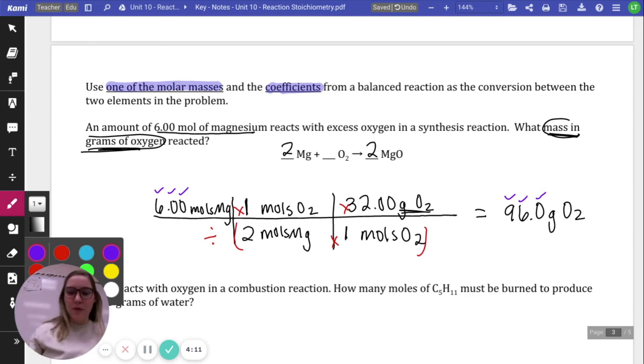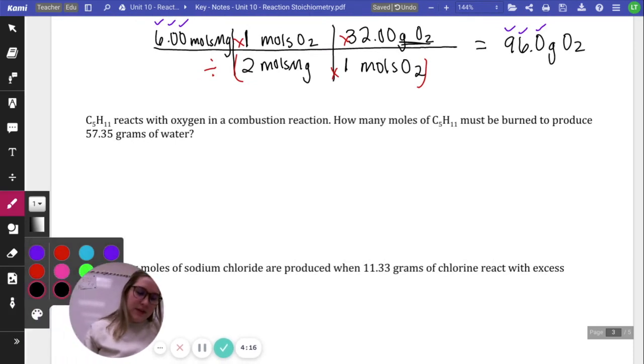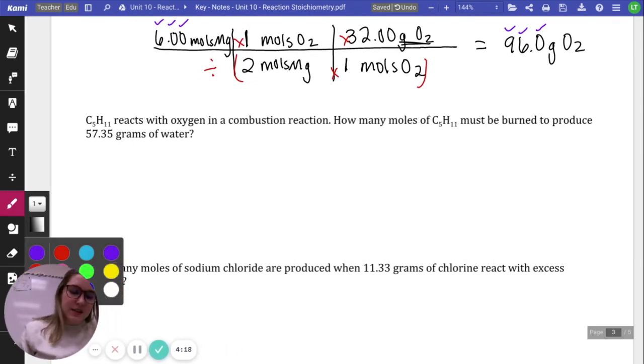Let's try to do one more together. Okay, so this one says C5H11 reacts with oxygen in a combustion reaction. How many moles of C5H11 must be burned to produce 57.3 grams of water? First, we need to write our balanced chemical reaction here.